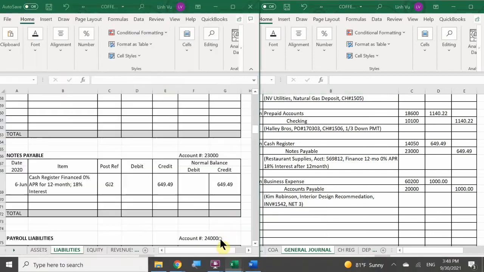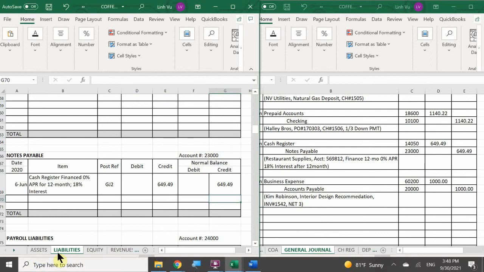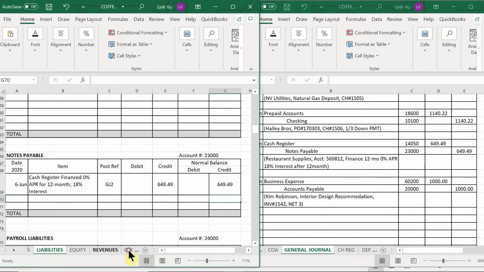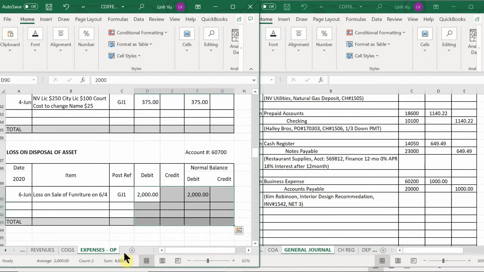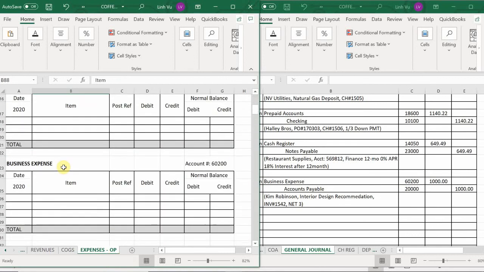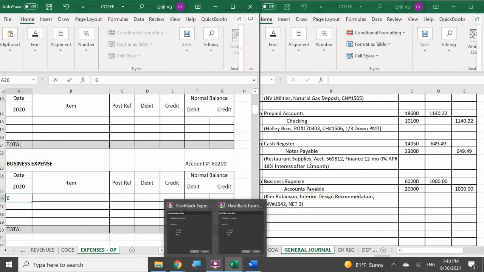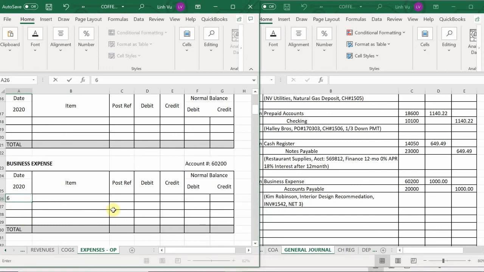Okay, so here's the ledger. What account do we use first? The first we journalized was the business expense, so it should be at the very top of the window. Business expense, account number 6,200. Today is the 7th. It's my birthday, the 7th.